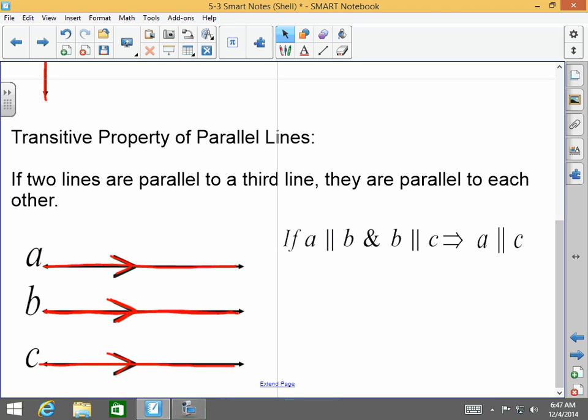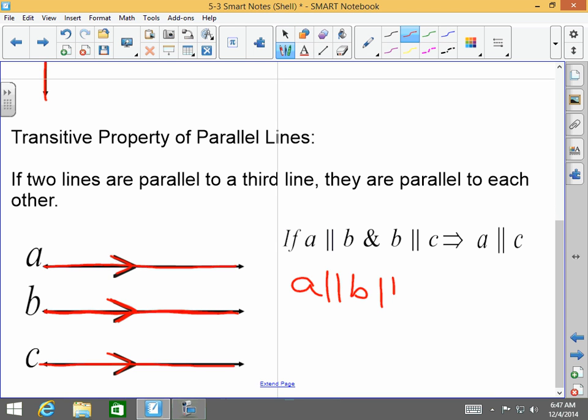So if A is parallel to B and B is parallel to C, then A is parallel to C, and that means that all three are parallel to each other. Okay?